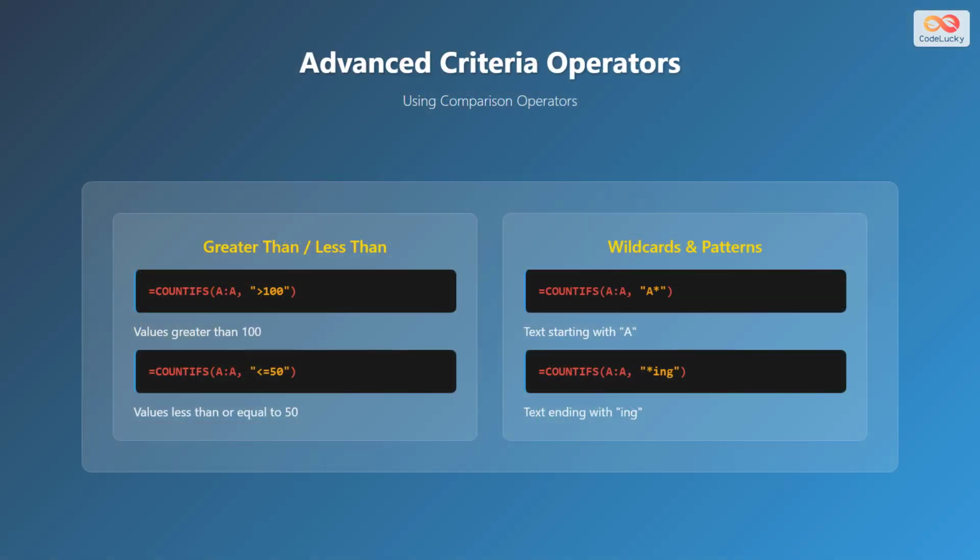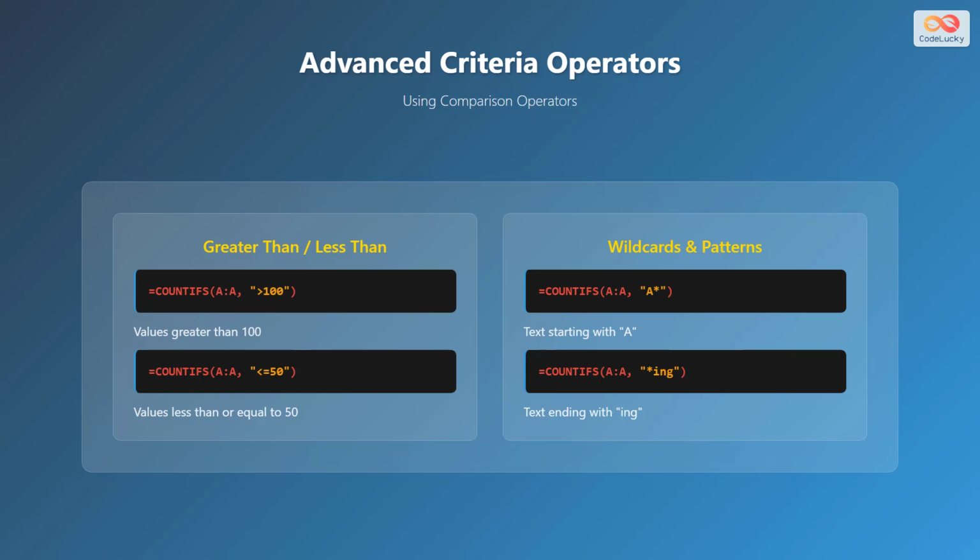Let's discuss using advanced criteria operators in COUNTIFS. For greater than or less than conditions, use the formula =COUNTIFS(A:A, ">100") to count values greater than 100. Or =COUNTIFS(A:A, "<=50") for values less than or equal to 50.